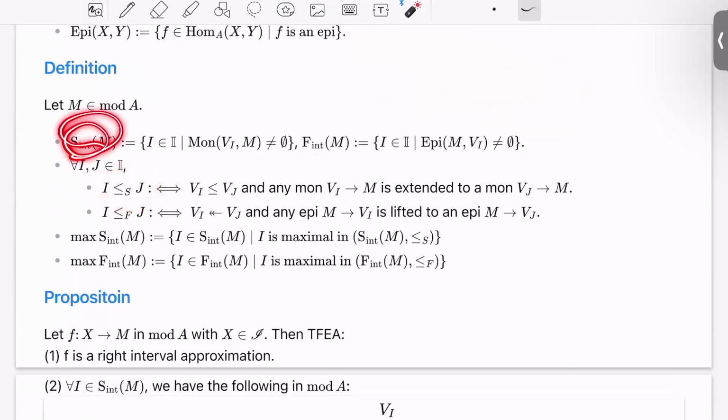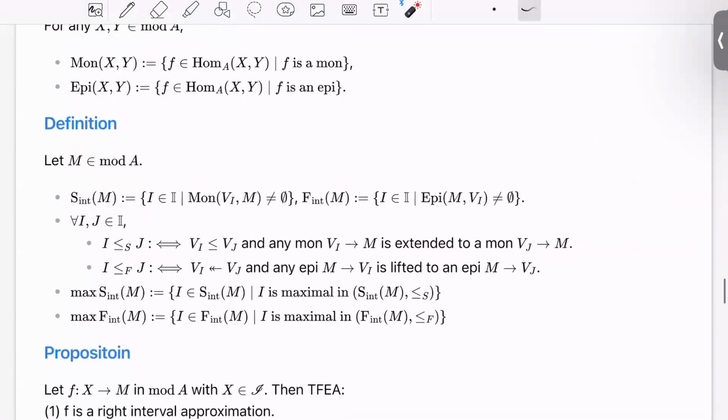And then we define, for example, Vi and Vj here, I less than or equal to J with respect to a submodule, is defined to be as follows.